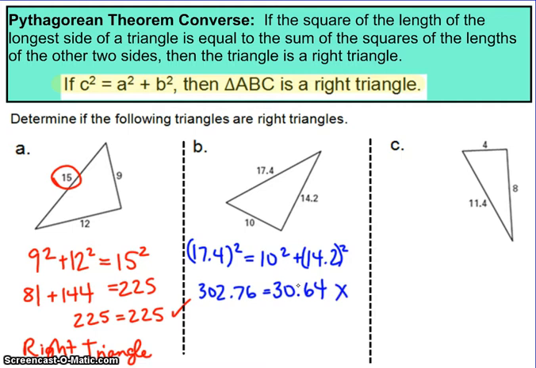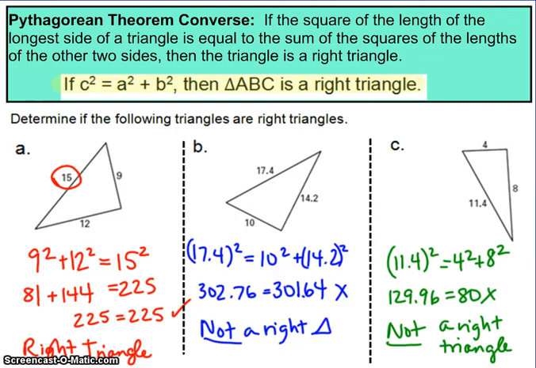Oh, 301, excuse me, 301.64. That doesn't work, so it's not a right triangle. Alright, why don't you pause and try C, and we will confer and see if you got this. Alright, so as you can see here, 129.96 is not equal to 80, therefore this is not a right triangle.